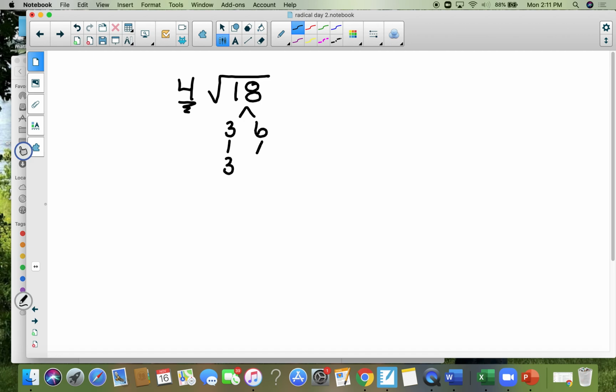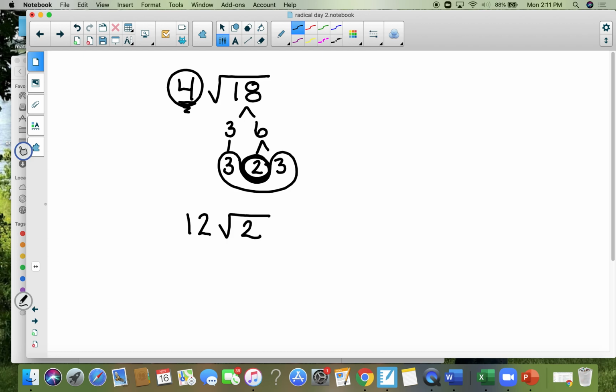Some people think 6 is 3 and 3, but everything is multiplied on a prime factorization tree, so 6 is 2 times 3. The 4 is already outside. There is a pair of 3s. One 3 gets to join the 4, which will make it a 12 out there. And notice that the only thing remaining inside that's not a pair is a 2. So this is what we learned yesterday.